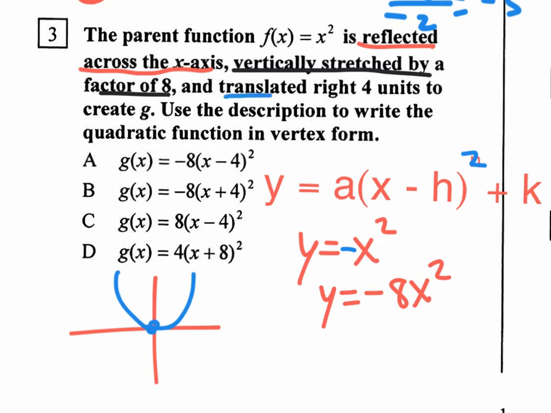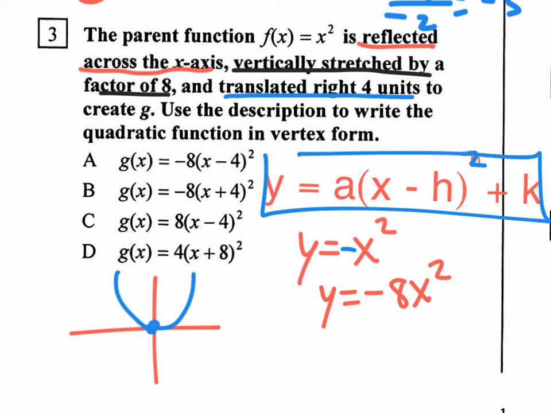It says translate right 4 units. Yeah, so we are going to have to move to the right. And moving to the right, if you guys go back to this right here, moving to the right is messing with h. Okay? So let's set up the parentheses that we need to have h. So we're going to have y equals negative 8 parentheses, I'm going to put the square on the outside, and in here, I'm going to put x minus h.